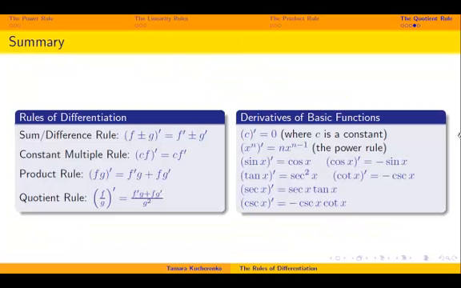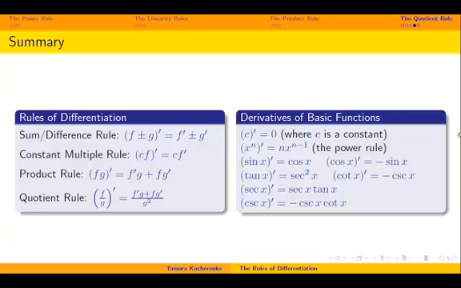To summarize, in this lecture we learned the 4 rules of differentiation: the sum difference rule, constant multiple rule, product rule, and quotient rule. We also computed the derivatives of basic functions. The derivative of any constant function is 0.